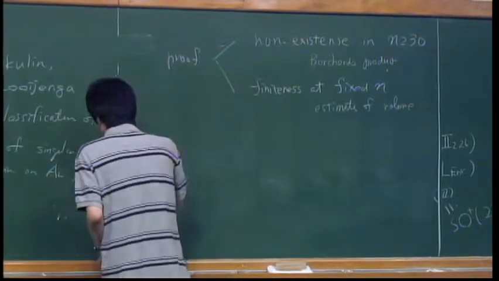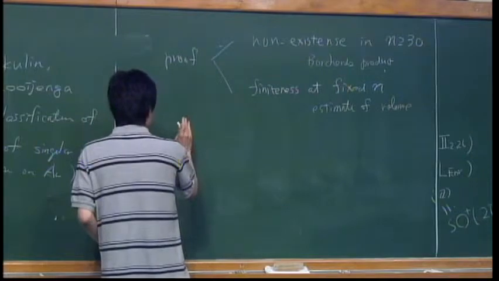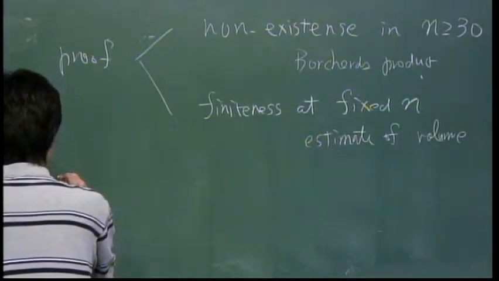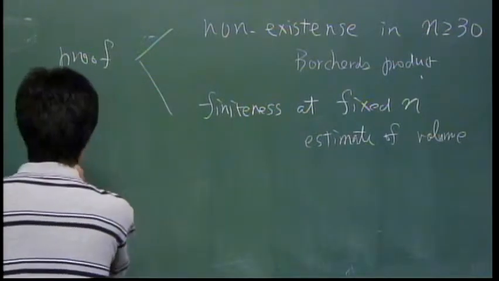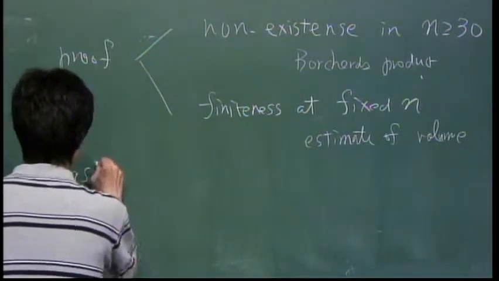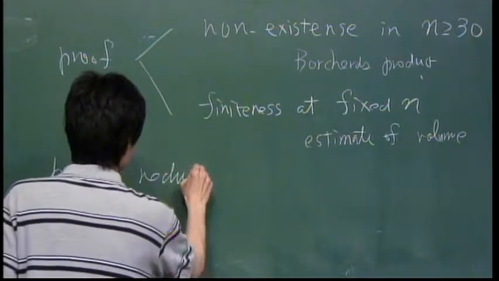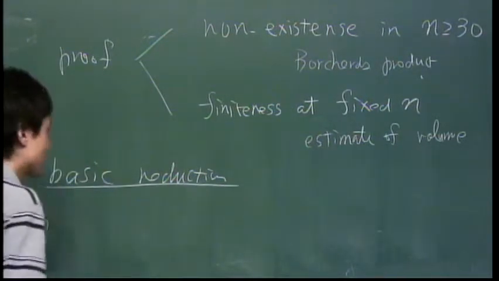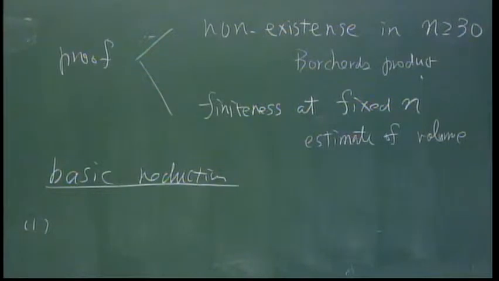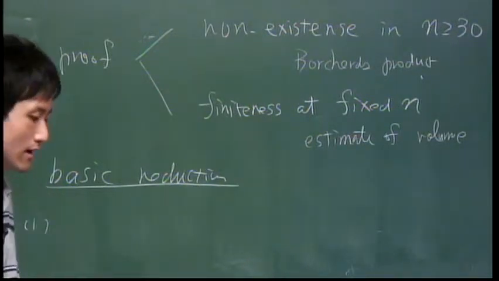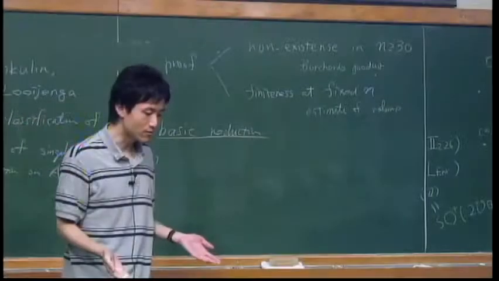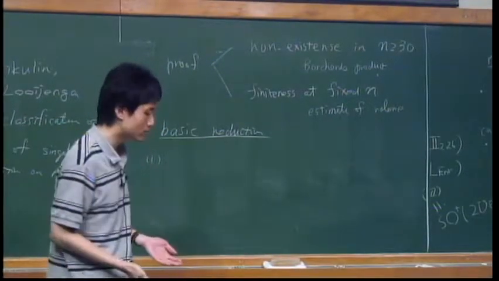Okay, then before speaking to the actual proof, I will also explain two basic reduction techniques. The first is this: in the definition, I allowed all finite index subgroups of the orthogonal group and all characters.